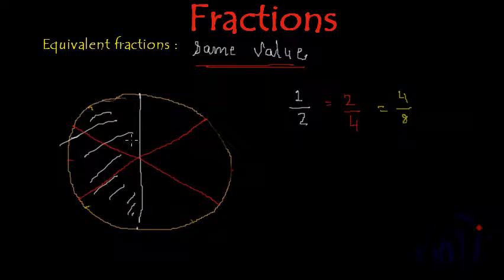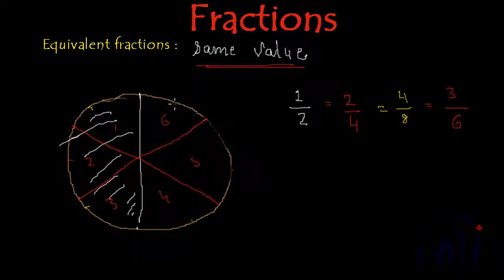And now if I ask you to write about the shaded portion, the shaded portion has 1, 2 and 3 parts. Out of total 1, 2, 3, 4, 5, 6 parts. Right? So all these fractions 1 by 2, 2 by 4, 4 by 8 and 3 by 6 look different, but actually they are representing the same value. Isn't it? That we have understood by this activity which we have done recently.